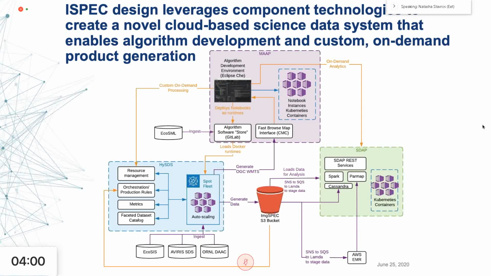So these are the technical details here. I really rely on our software team for a lot of this. But basically what we're doing is we're integrating 3 standalone technologies to create a dynamic system. So the 3 technologies are MAP, which is, I think, the multi-mission analysis and analytics platform.